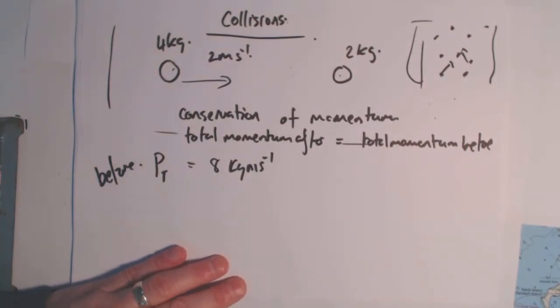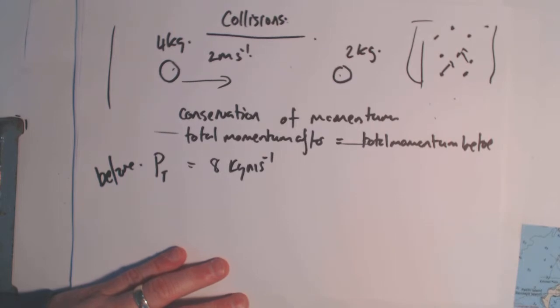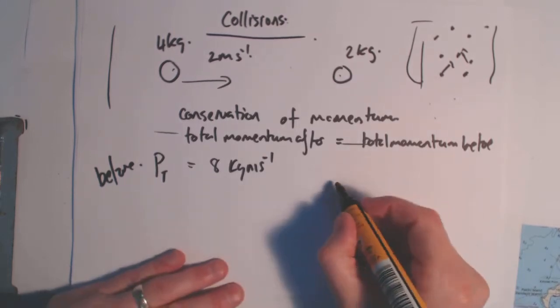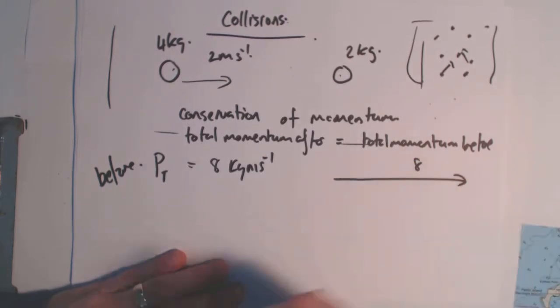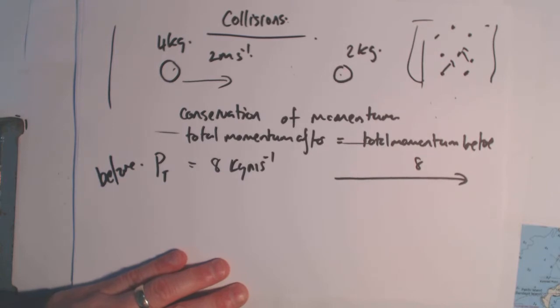If our coordinates are positive to the right, then because his velocity is to the right, remember momentum is actually a vector, then we could draw that as a vector like that, 8. And that's what the vector's got to be like afterwards.